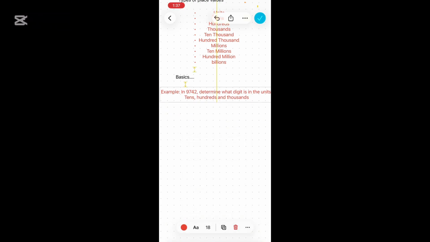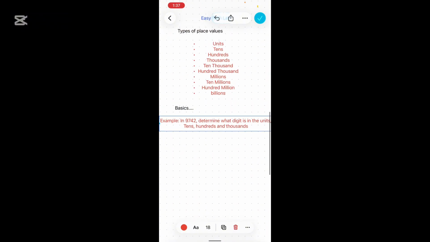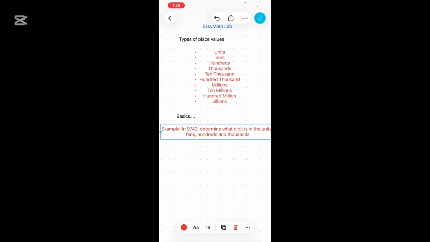So remember we said we are going to work with the basics, that is what concerns us. So we'll be ending with thousands. I earlier said that when reading numbers, we start counting place values from the right side to the left side, and the right side basically begins with the units.